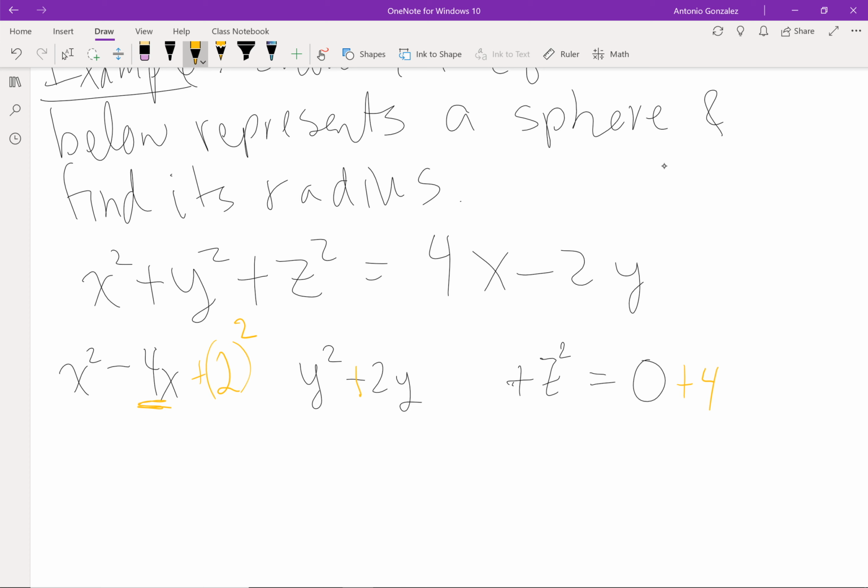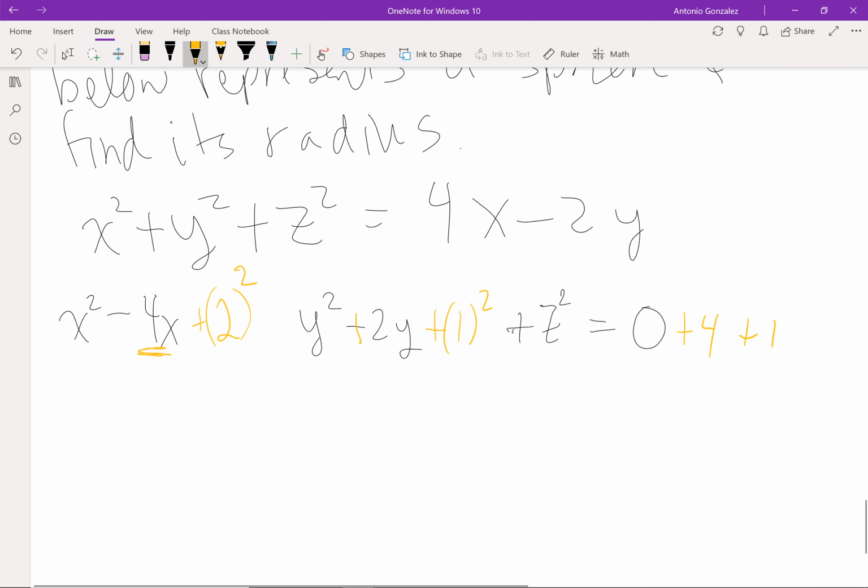And then here we have 2, so take half of 2, and that is 1, and square. So now here we'll add 1.